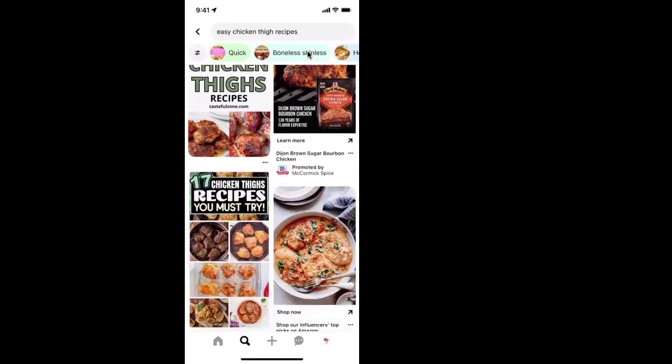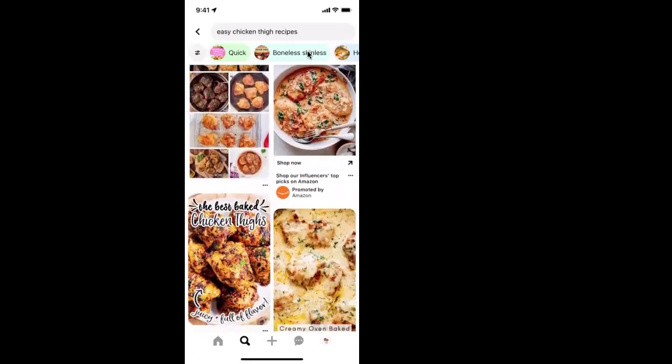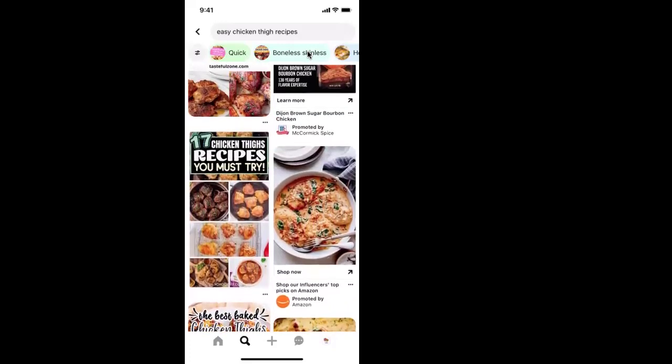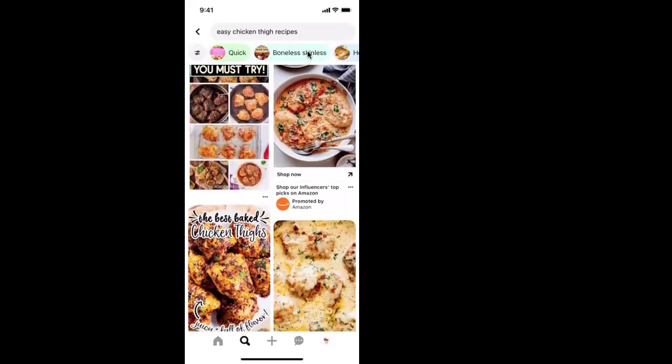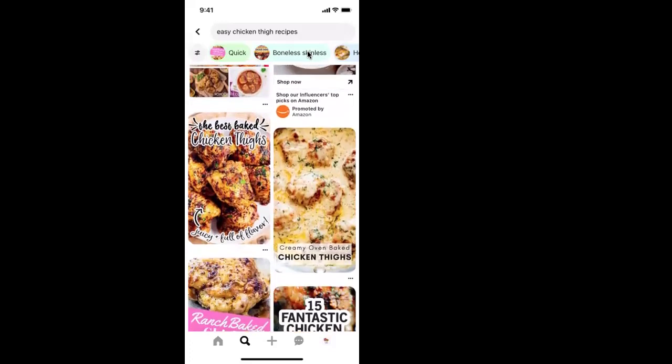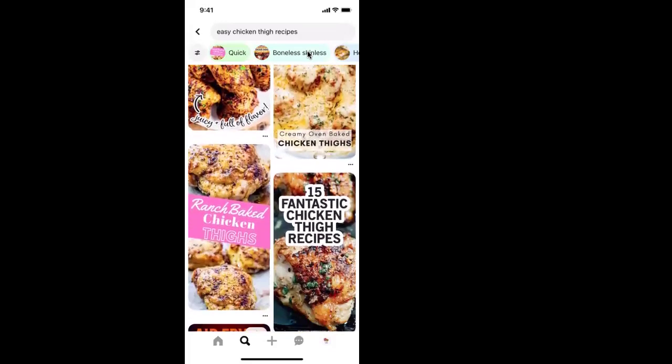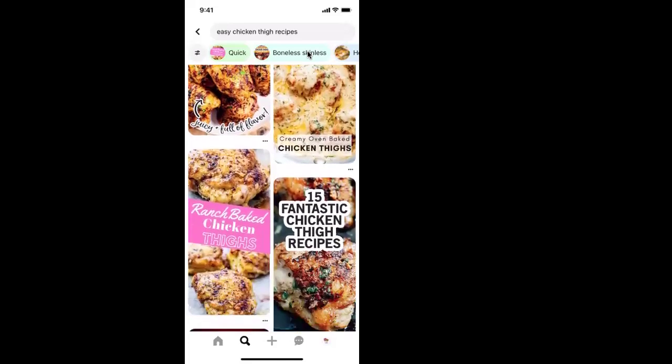The other thing I'm seeing, and I don't know about y'all, is chicken thighs and sauce, chicken thighs with this little red color, like a little rub on it, right? They all look the same. And as a user, I'm just going to pick whichever one looks the best. If you want to get more traffic, you have to look at your competition and be able to stand out.